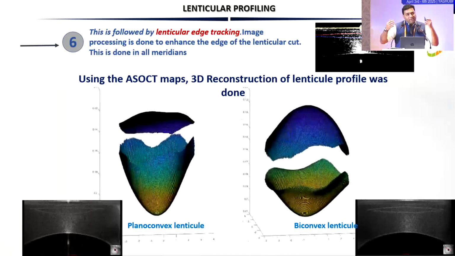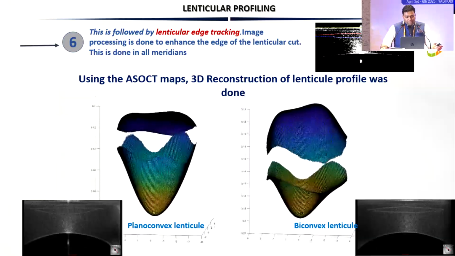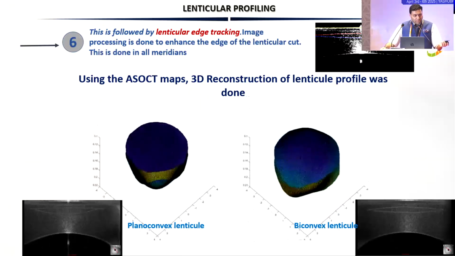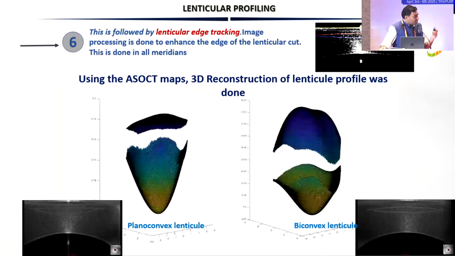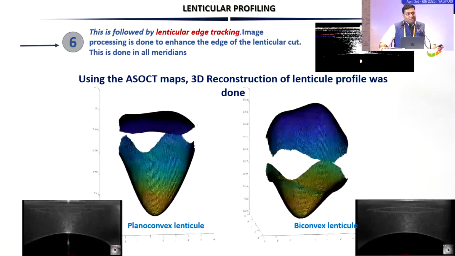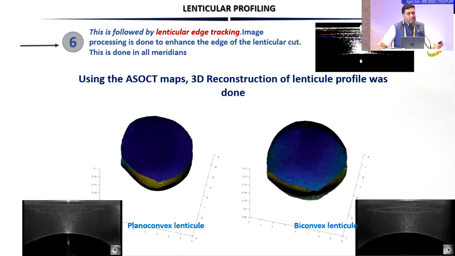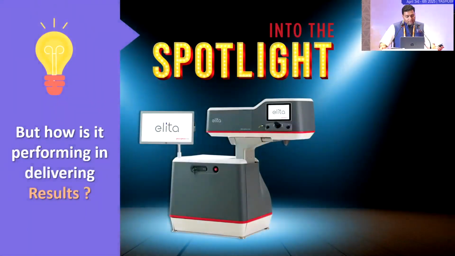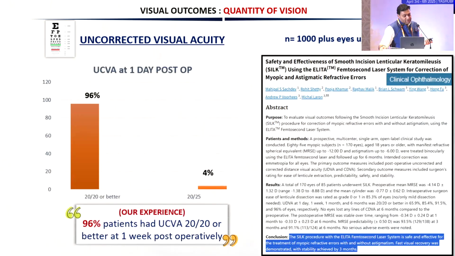Now, many companies have their own uniqueness in shape. The shape, you can debate on it. I've had many discussions with Professor George Mehta also on this, that once you remove this, the cornea goes back to its original shape, and it doesn't really follow. It's only the lenticule which is like this. So I will come back to that later. But how do all this shape and other things perform in giving the delivery?